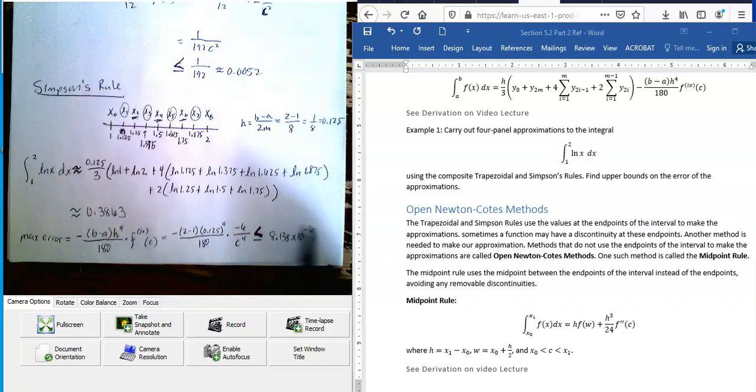So this is the maximum error for our Simpson's rule method. So you can see that the error is significantly less than that of the trapezoidal rule, as we should expect.